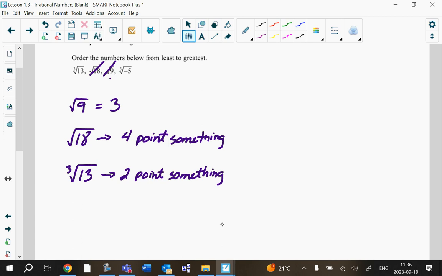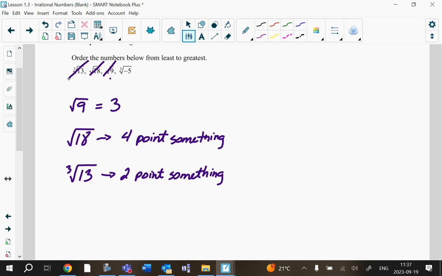How about the cube root of negative 5? Can you think of a cube root of a negative number that you can take exactly? What's the cube root of 8? What's the cube root of negative 8? Negative 2. What's the cube root of negative 27?